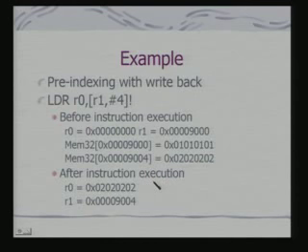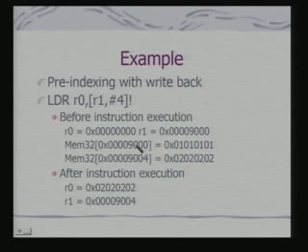Let us take an example to understand it better. Here I am illustrating a case of pre-indexing with write back. So, we have got R0 as the target register, and if you look here, what we are telling is that we have got this memory location.